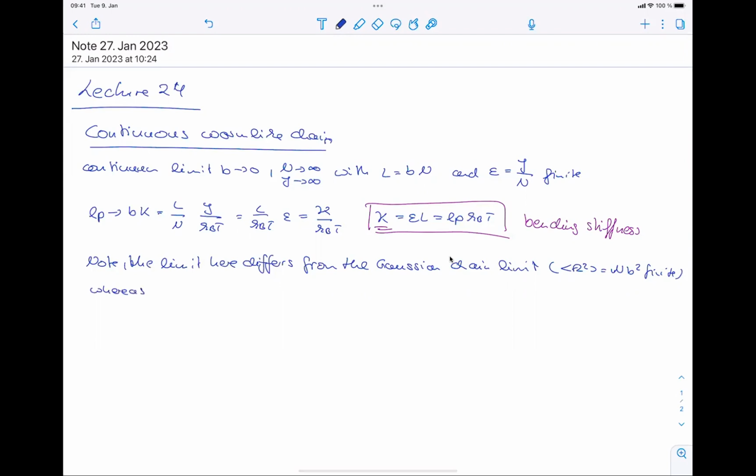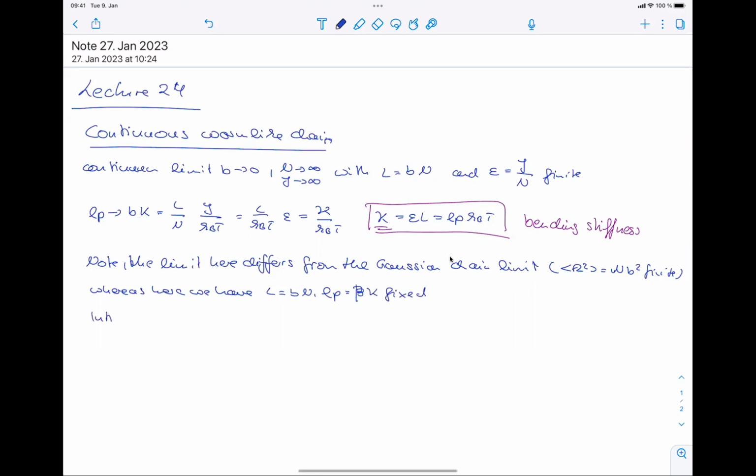Whereas here I have L, b N and L b as beta kappa fixed.